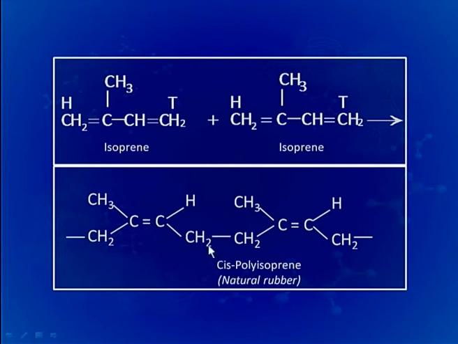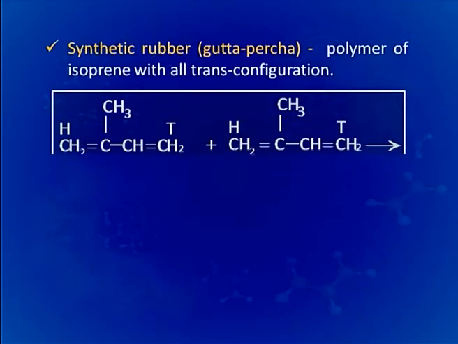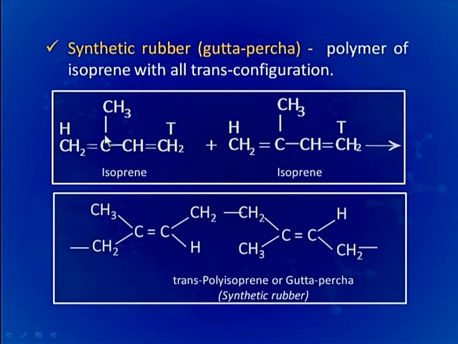Why is it called cis? We can see here across this double bond the smaller groups are methyl and hydrogen, and these two groups are on the same side of the double bond. So, this is cis. Now, the synthetic rubber, also known as gutta percha, is the polymer of isoprene with all trans configuration. Here we can see again the same isoprene being added to another unit of isoprene.